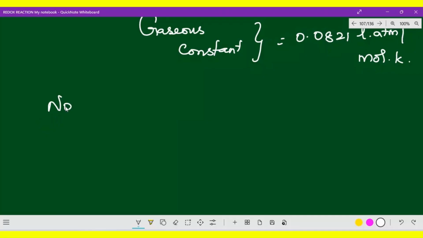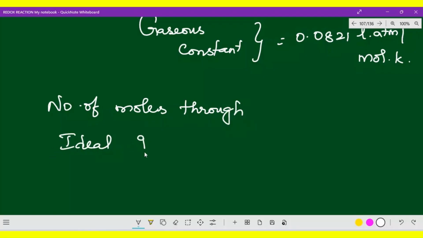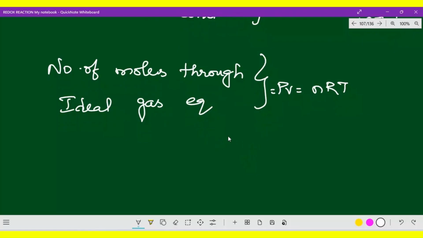So the ideal gas equation, PV equal to nRT, where n is the number of moles. So n equals PV by RT.